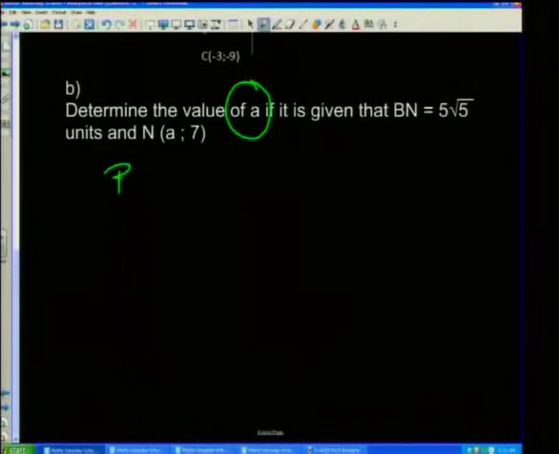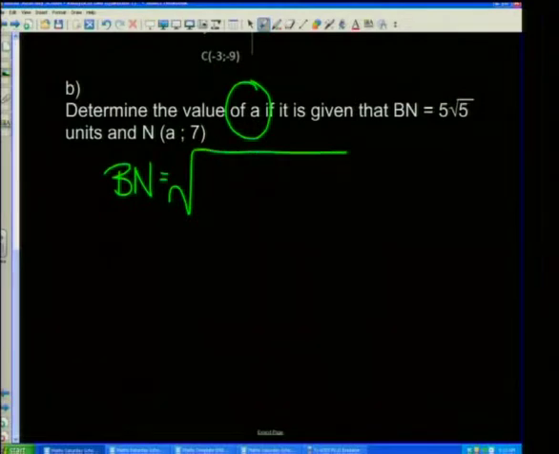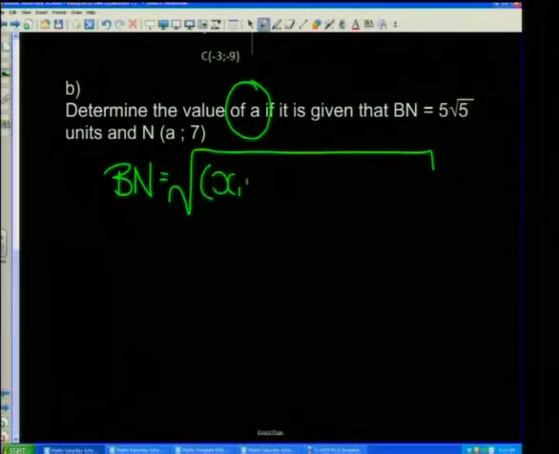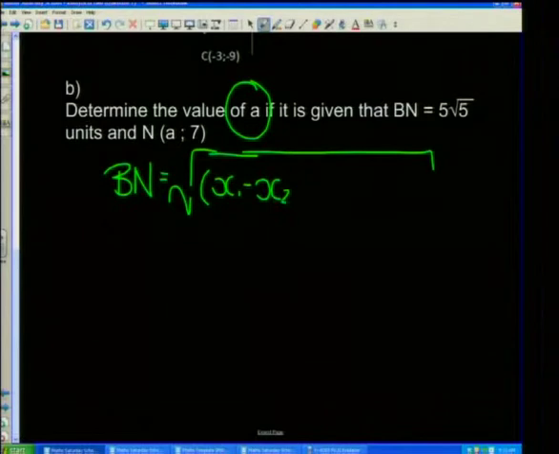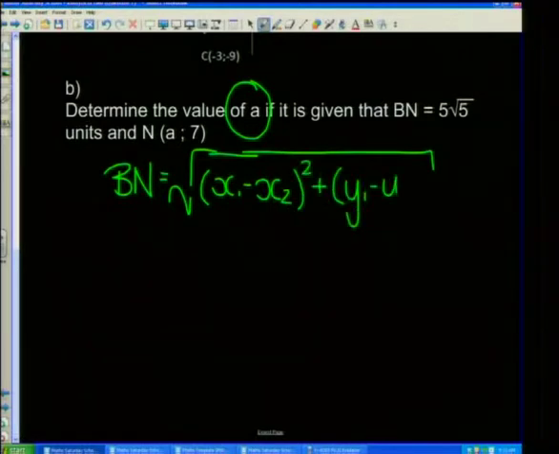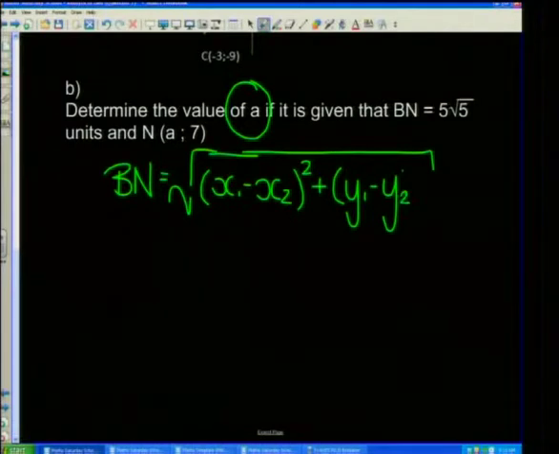Our distance from B to N is going to be equal to the square root of x1 minus x2, so let's start that one again. Right, x1 minus x2 squared plus y1 minus y2 squared.